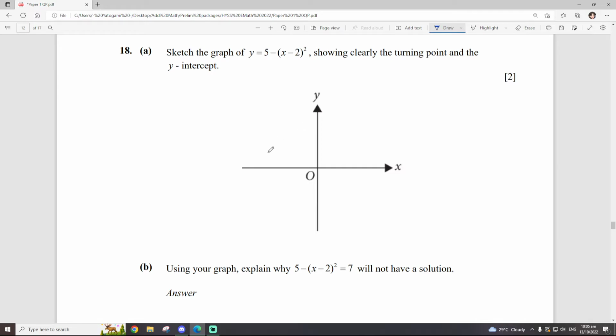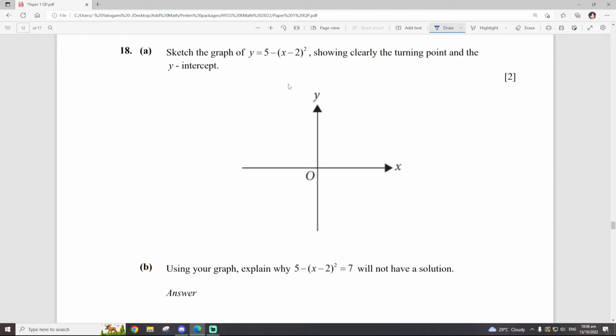Sketch this graph showing clearly the turning point and the y-intercept. Okay. For this, we know that the turning point is at x equals 2 and 5, right?